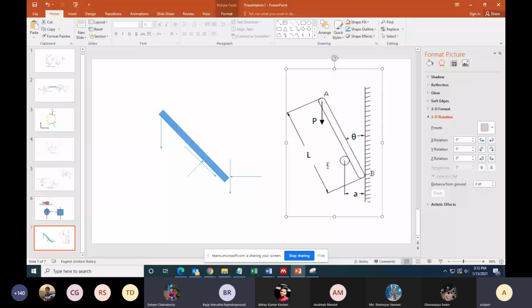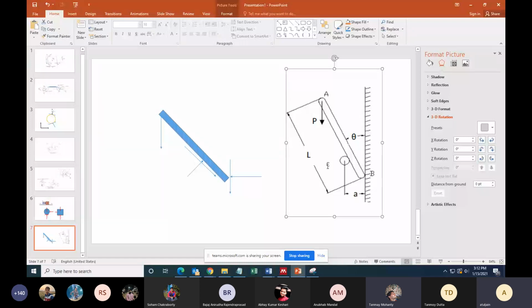Moment about point B, sir. If I take moment about C, many of the unknowns would be unlimited. Then take moment about B. What is the relationship you are getting? PL sin theta is equal to N2 into A cos theta, if N2 is the normal at the peg. So A by L is sin theta.